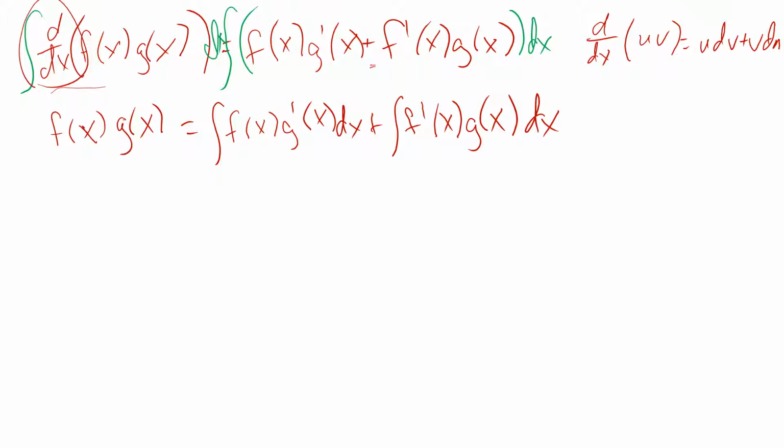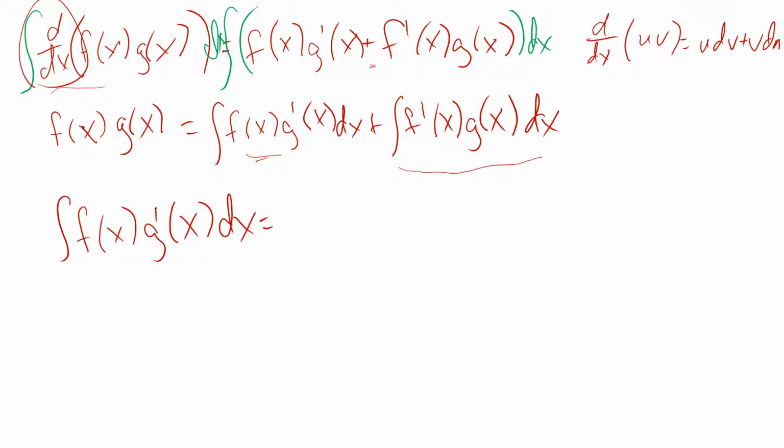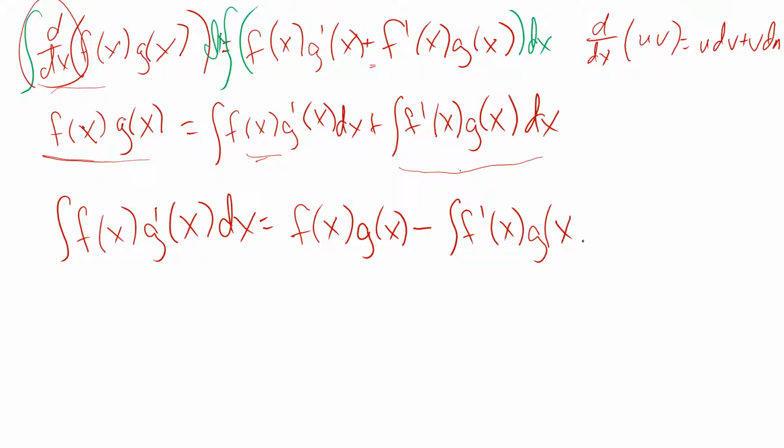All right, we're going to solve a little bit more. We'll take that one, and we're going to subtract it over to the other side, which leaves this one, the integral of f of x, g prime of x, dx equals the original product, f of x, g of x, minus this other integral, the integral of f prime of x, g of x, dx.